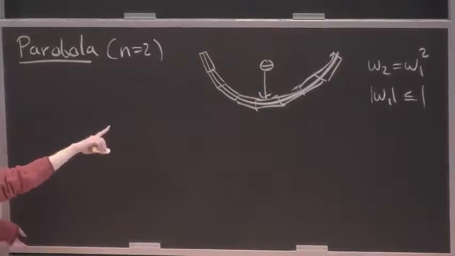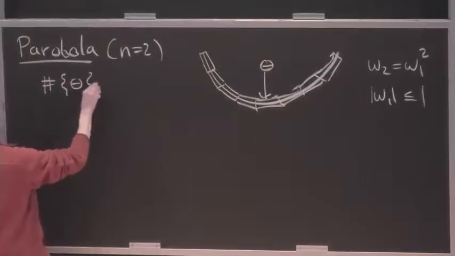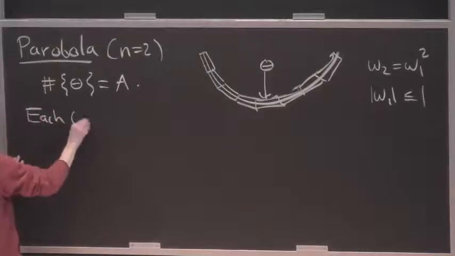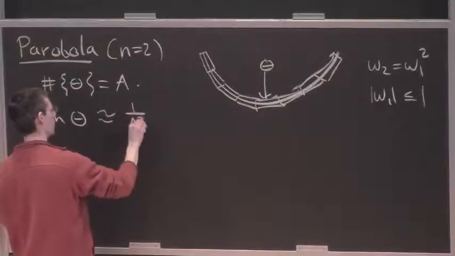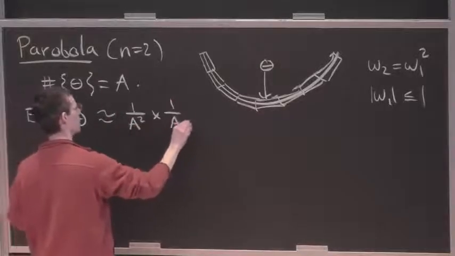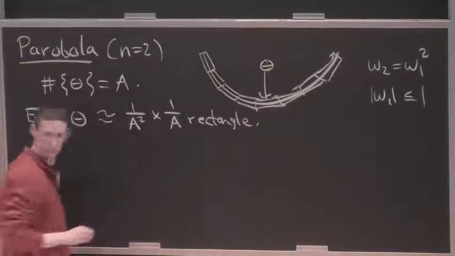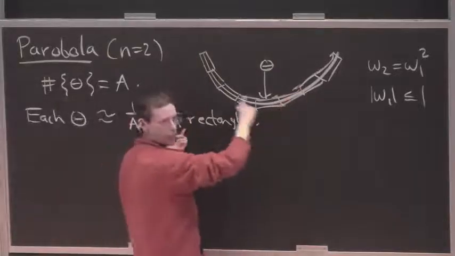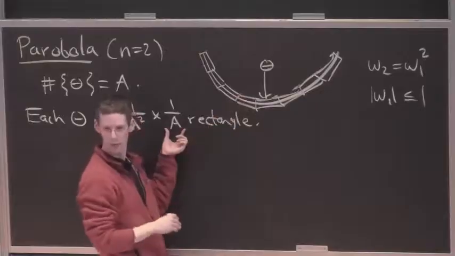And let's say that the number of regions theta is capital A. And so each theta is essentially a 1 over A squared by 1 over A rectangle. The reason that the length is 1 over A is that this curve has length about 1, so it should have length 1 over A to cover it with A rectangles.